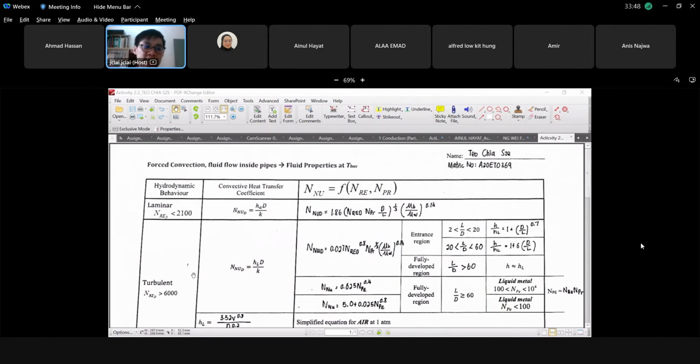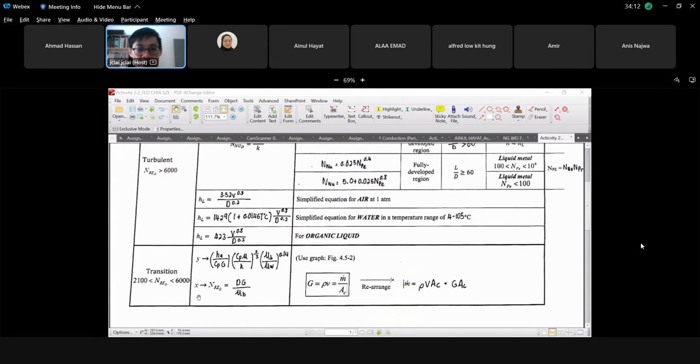So from the perspective of heat transfer, turbulent flow is preferable. If the flow is turbulent, then the H value, the heat transfer coefficient, will be higher. Okay, that's the reason. Okay, what else?